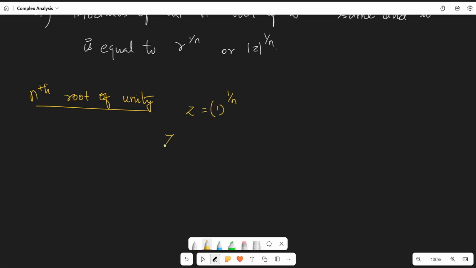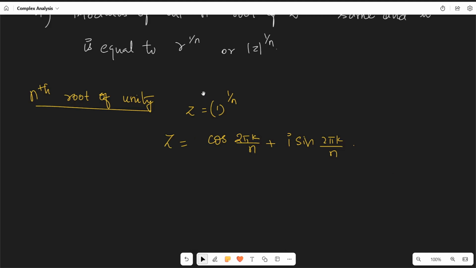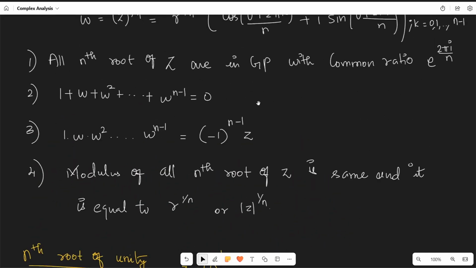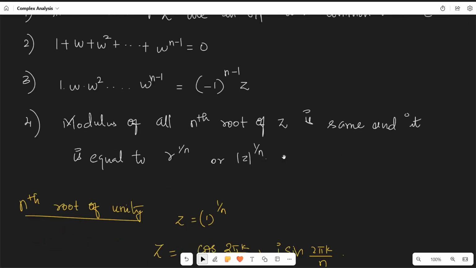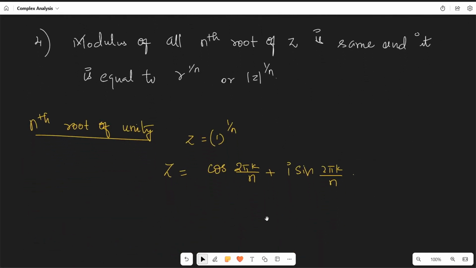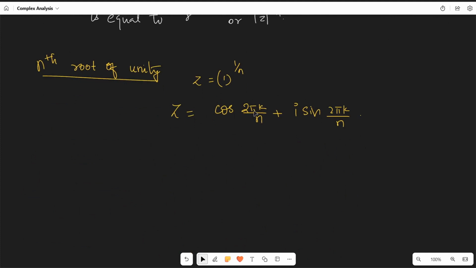That will give us z equal to cos 2 pi k by n plus i sin 2 pi k by n, which is nothing but the radius equal to 1. That is what the nth root of unity means. In the previous case, we had r power n into something, so this will vanish as r is equal to 1 here. So for this case, we have certain properties like the above.